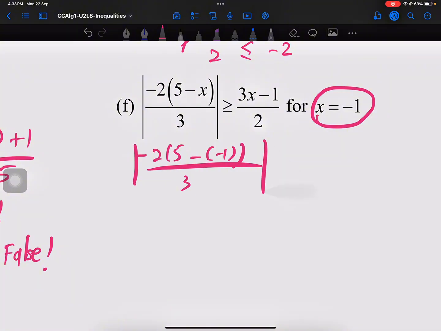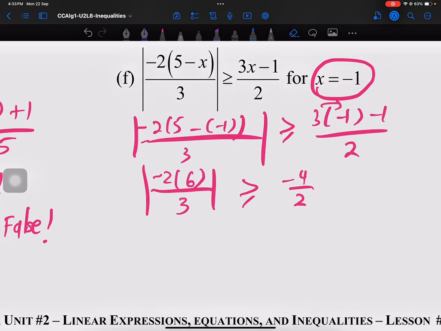Substitute x negative 1 inside. Okay, absolute value. Alright, so if I settle inside the bracket first, this is 5 plus 1, so 6. I step like this. Negative 3 minus 1 over 2. Now I settle. This one becomes negative 12 over 3, negative 4 over 2.